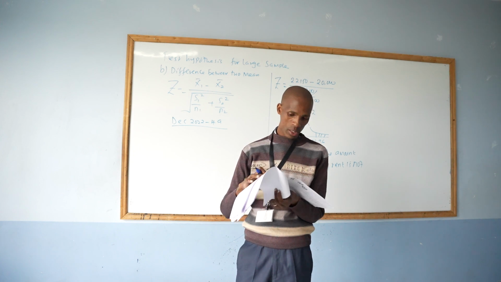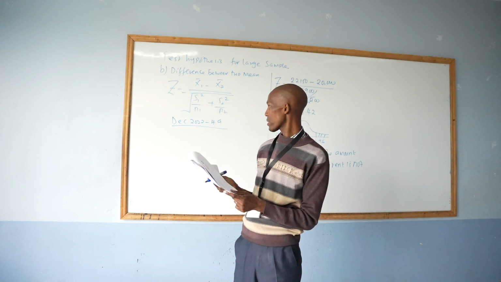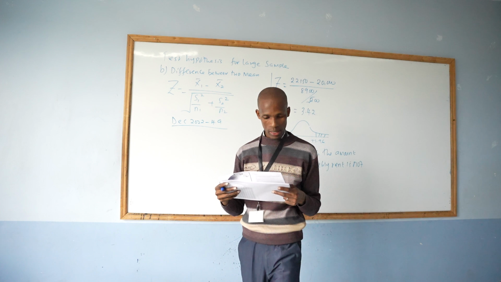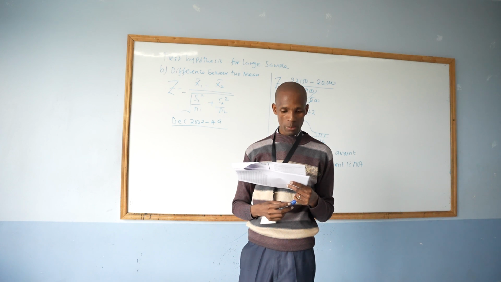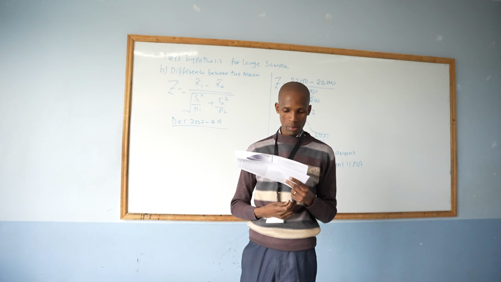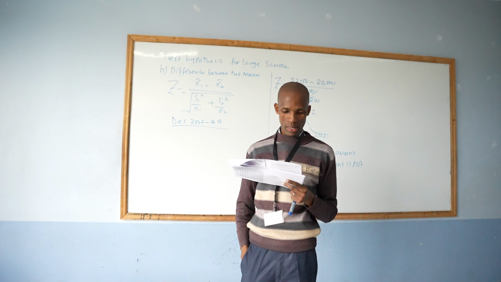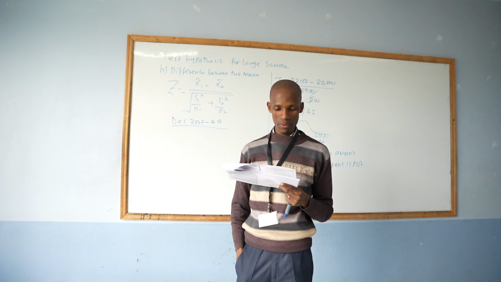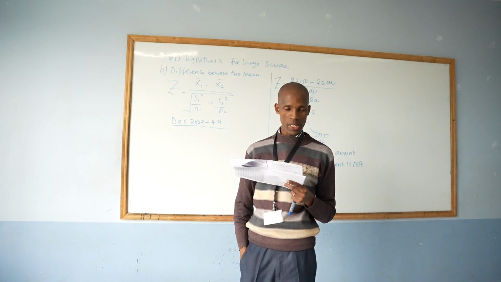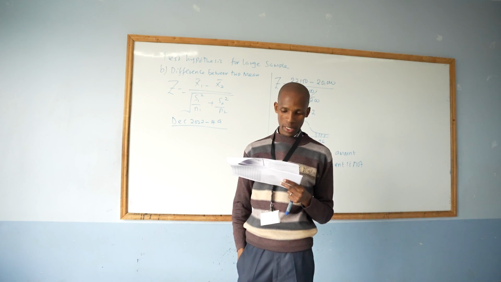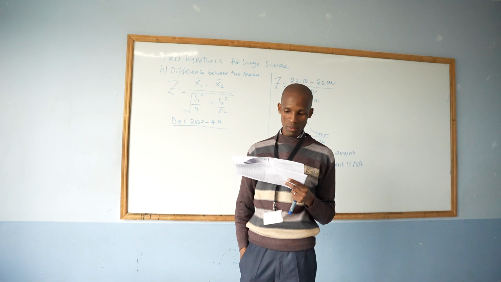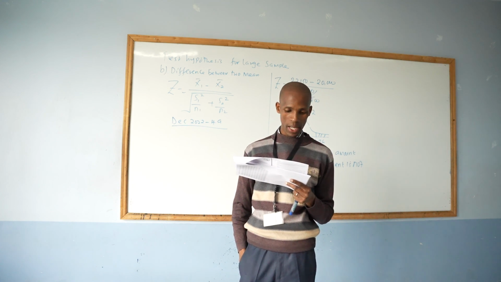So this question says, and this is a large sample. Large sample should be above 30. The production manager is investigating the claim by customers about machine A and machine B that it manufactures. The claim is that machine A has a longer useful life than B. A sample of 60, which is greater than 30, taken from market review shows that machine A has a useful life of 28,000 hours with a standard deviation of 900.